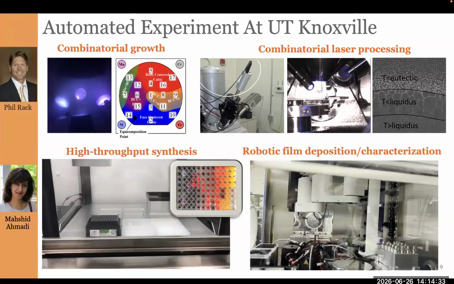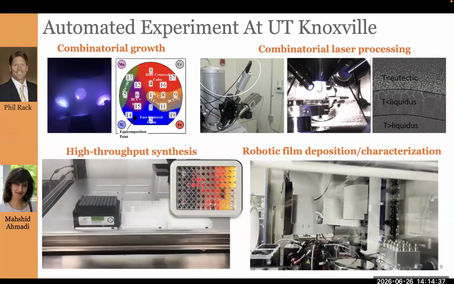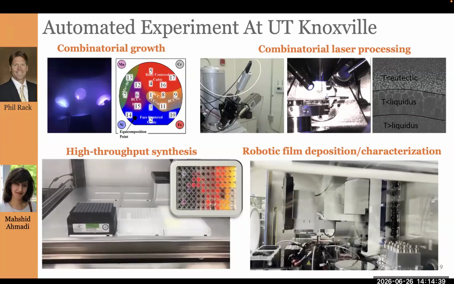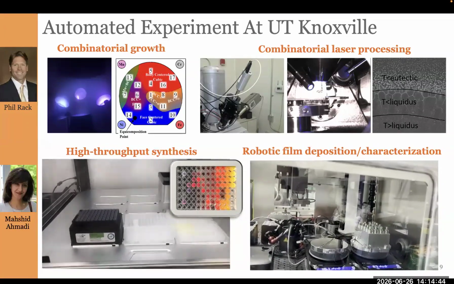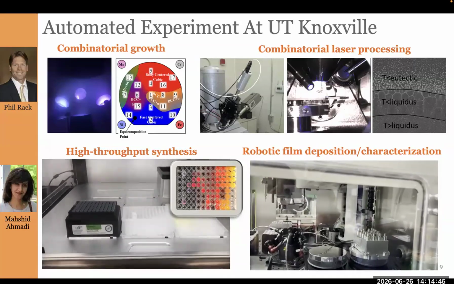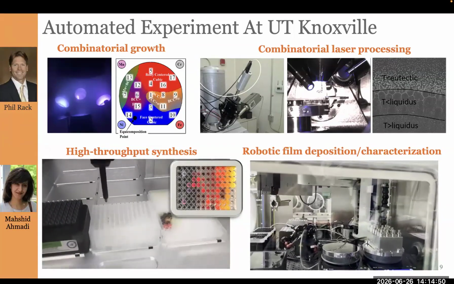As you know, in the last years there has been a huge advance in high throughput synthesis. And today we have access to multiple different ways to get more than a single composition within a single sample.